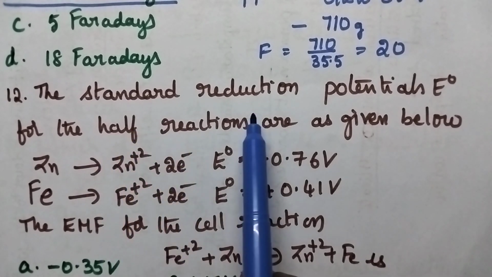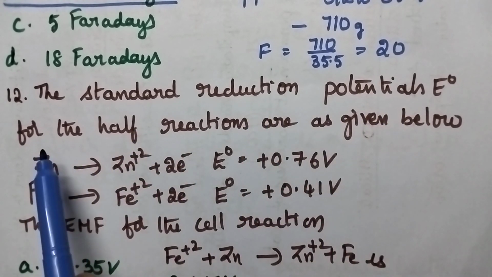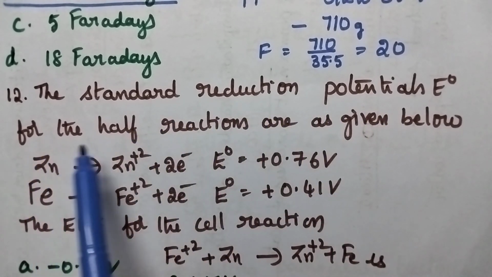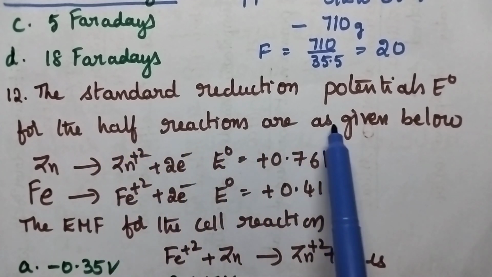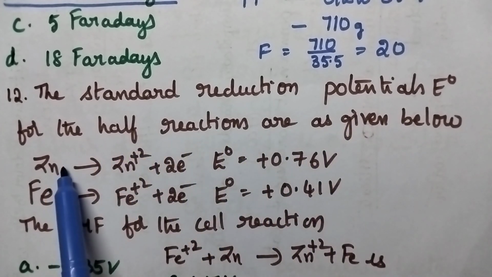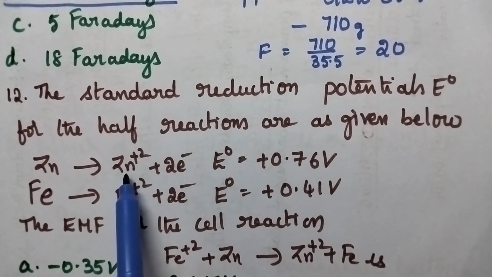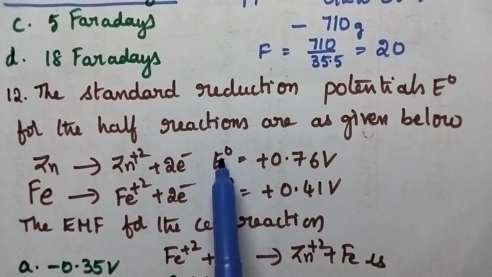The standard reduction potentials, that means E0, for the half reactions are as given below. Zinc will be oxidized into Zn2+. Iron is oxidized into Fe2+. And here the oxidation potential values are given.